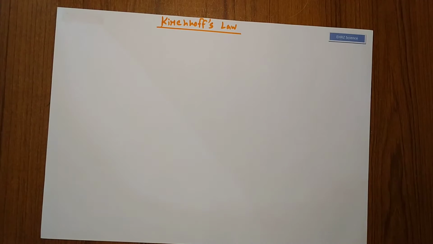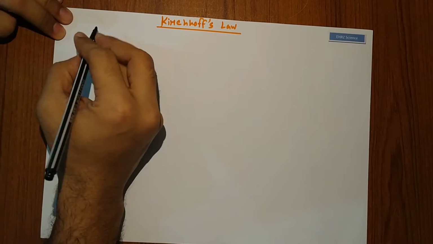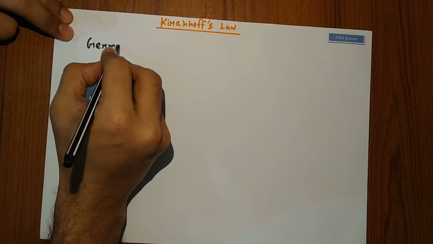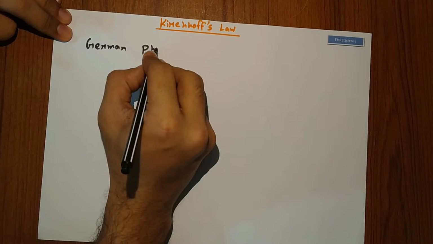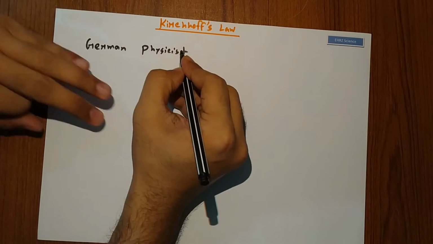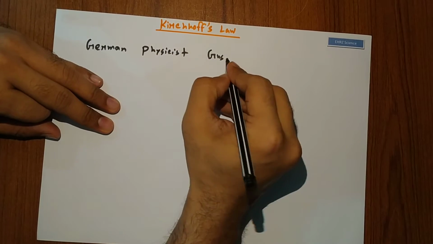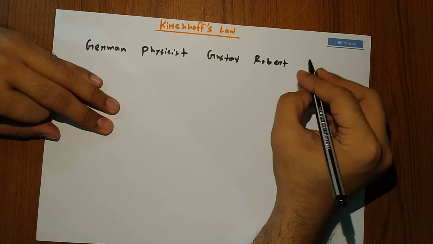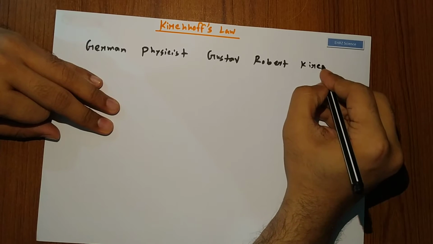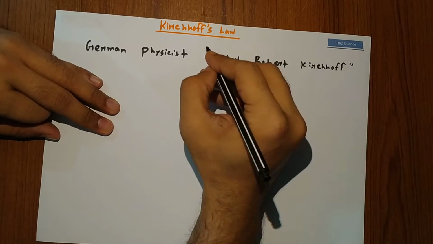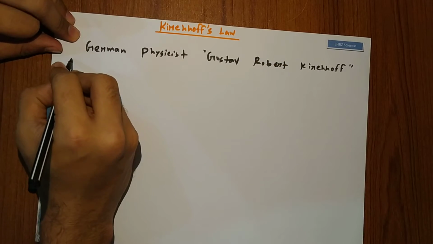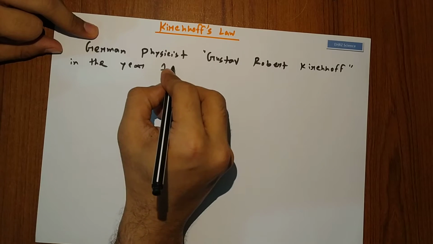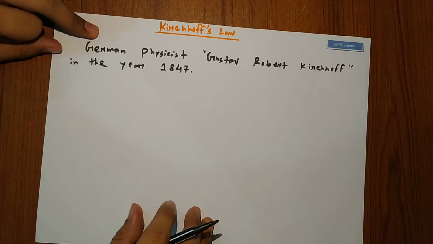Kirchhoff's laws were first introduced by the German physicist Gustav Robert Kirchhoff in the year 1847.